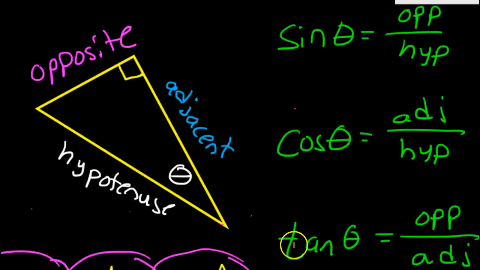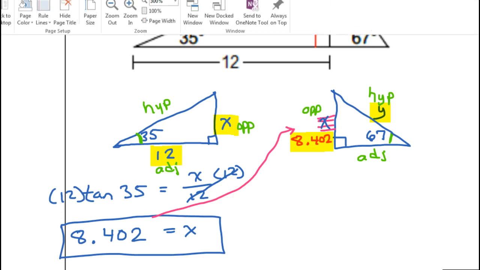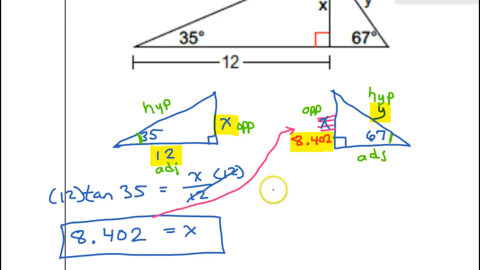Which trig function is that? That's the sine function. So let's set up the sine function. So we will say sine of 67 is equal to opposite over hypotenuse. So that's going to be 8.402 over y.